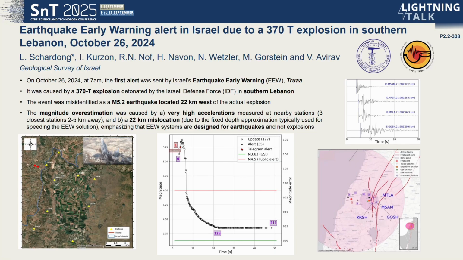It was actually due to a 370-ton explosion that the army detonated in southern Lebanon. It was detected by Ch4 as a 5.2 earthquake, 22 kilometers west of the actual explosion. The magnitude estimation was a combination of this mislocation and very high ground accelerations under the stations. If you want more details on the analysis, come see the poster. Thank you.